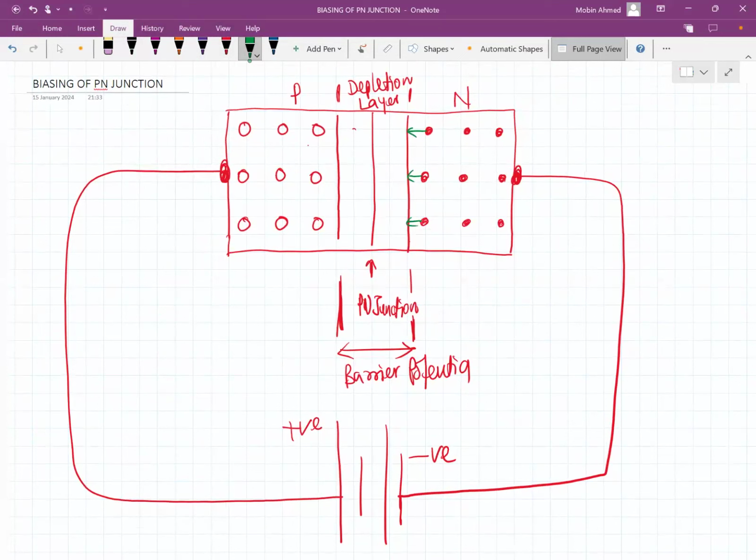It is going to move towards the junction like this. This will move towards the junction.